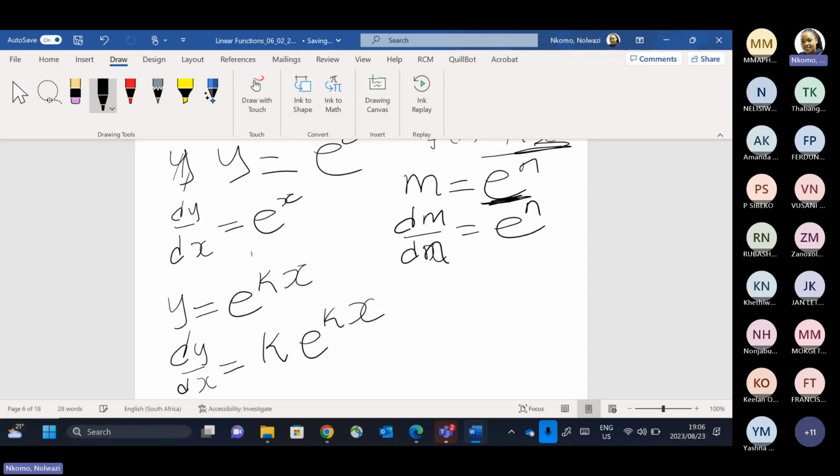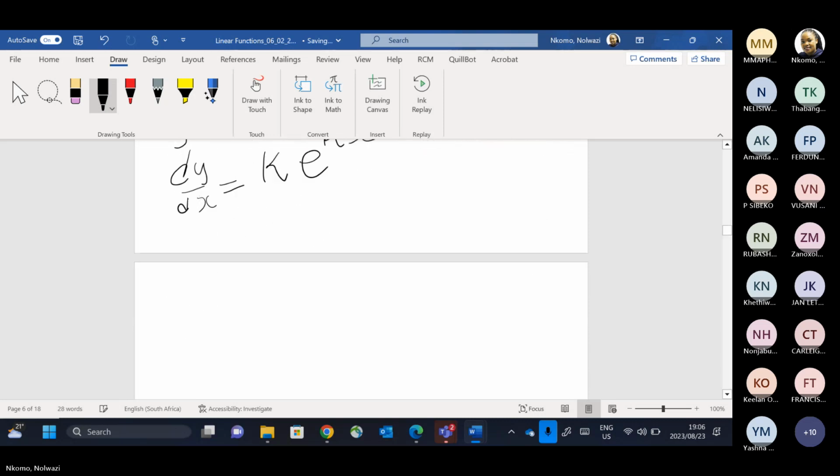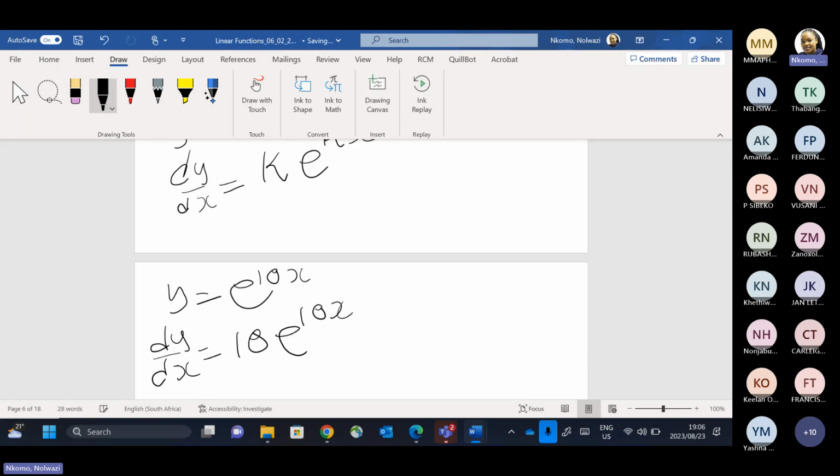If this function was y equals e to the power 10x, then the derivative would be dy over dx equals 10 e to the power 10x.